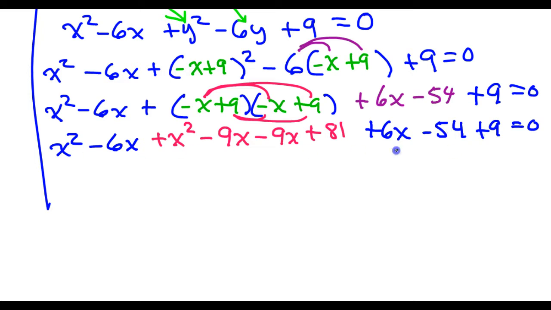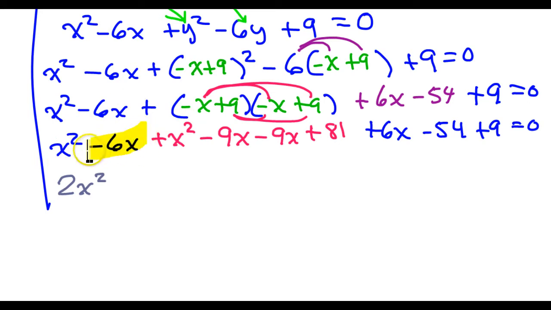Now that I've got no more parentheses, it's time to combine like terms. For example, I've got this x squared and this x squared. I don't see any other x squared, so I'll put that together. That will make 2x squared. What other like terms do we have? How about x terms?